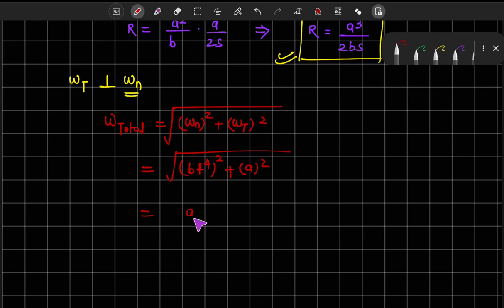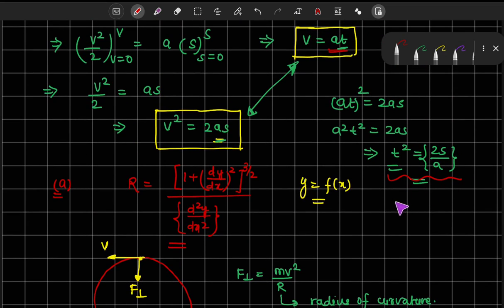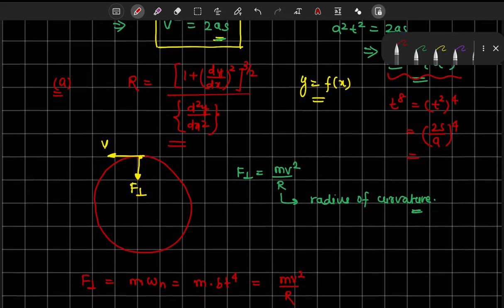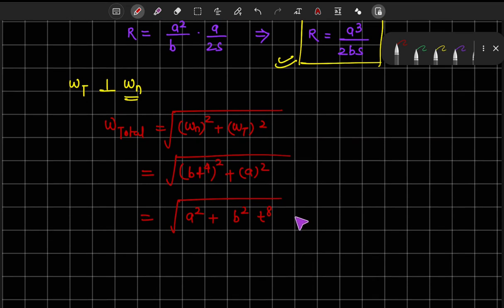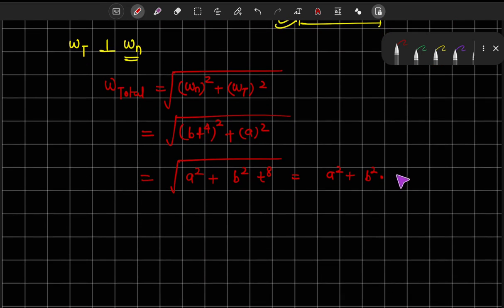So from here we can write square root of a square plus b square t to the power 8, and from here we can find the value of t to the power 8, that is t to the power 8 is equal to t square to the power 4, that is equal to 2s by a to the power 4. So let us substitute the value of t to the power 8, and we will get a square plus b square into 2s by a to the power 4.